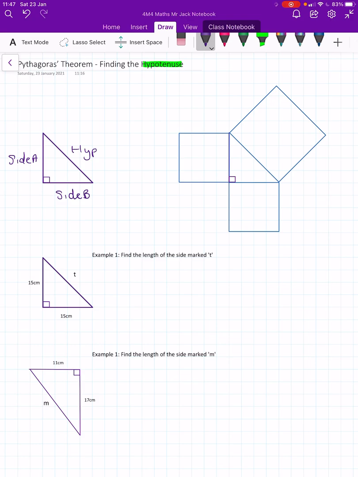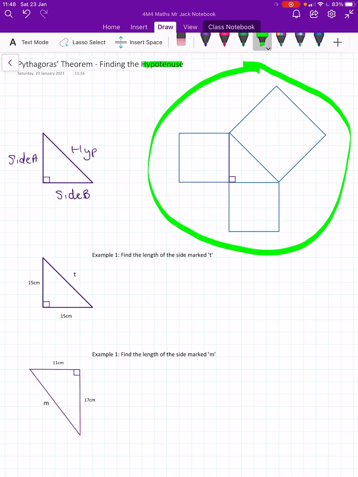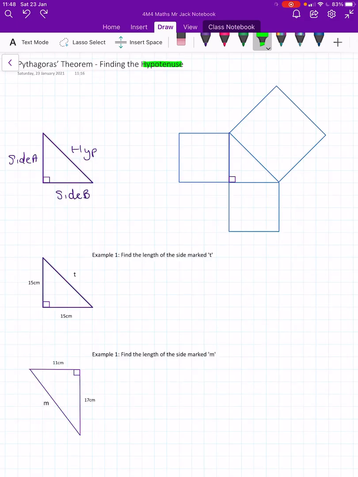These kind of pictures where you can see the three squares are a pictorial representation of what Pythagoras' theorem says. Pythagoras' theorem says that the hypotenuse squared is equal to side A squared plus side B squared.